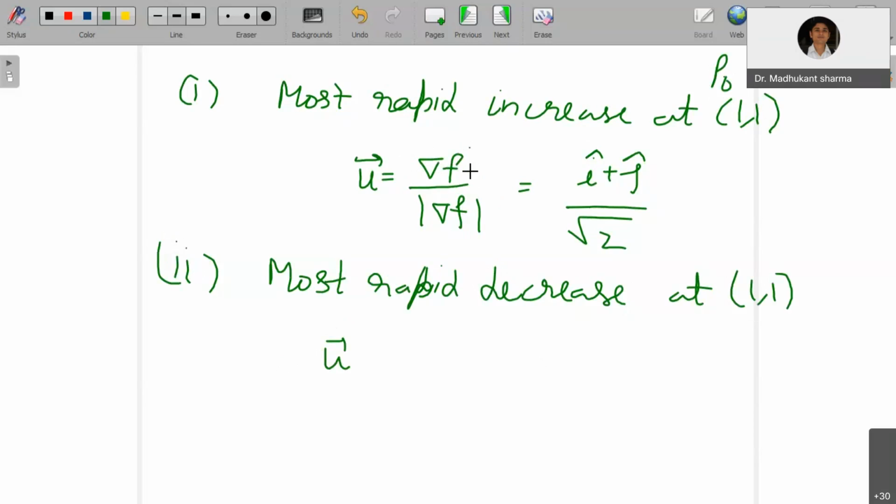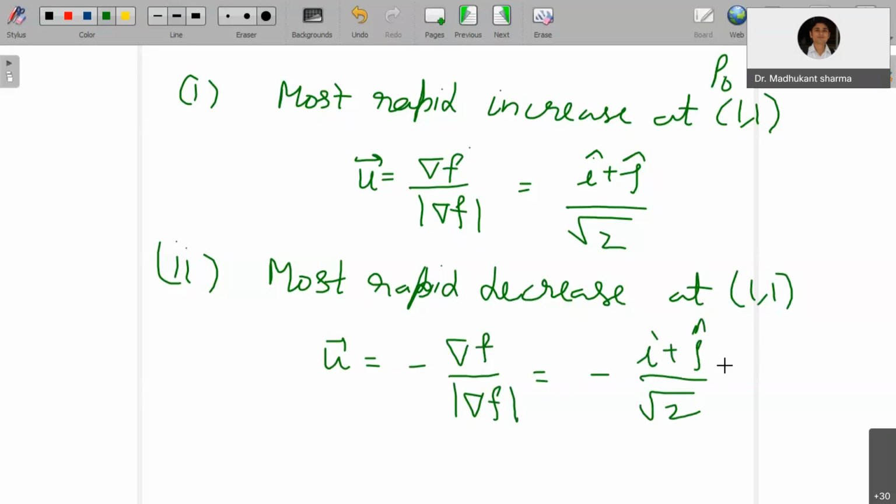Everything is evaluated at the point p naught here. So u equals minus grad f over mod grad f, that's going to be minus (i + j) by square root of 2, just the negative of grad f. And I hope you are comfortable in finding the magnitude of a vector.